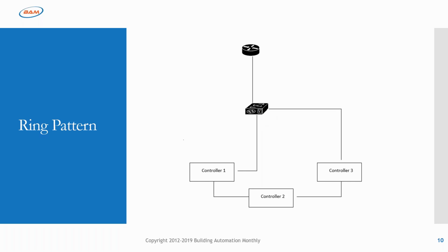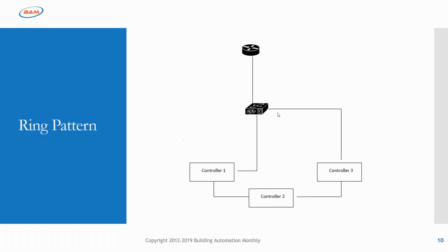Let's take a look. Okay, can you mix and match patterns? On a single switch, you can mix and match patterns. On one switch, you can have a port that is basically bus going out to controllers, and then you can have another port on that same switch going star.